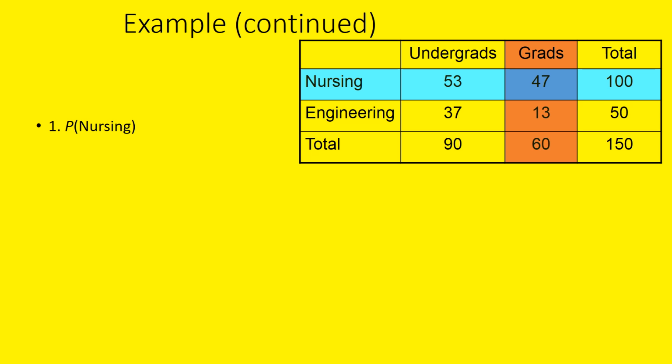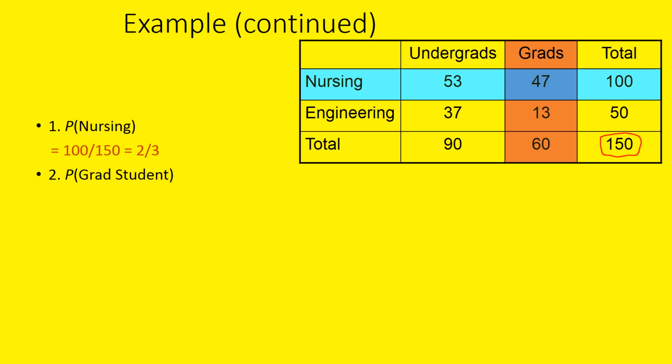That's the number of successes divided by the total number of possible outcomes, which is 150. That's your universe of probability. So it's 100 divided by 150, which reduces to 2/3. So the probability that your one student is studying to be a nurse is 2/3.